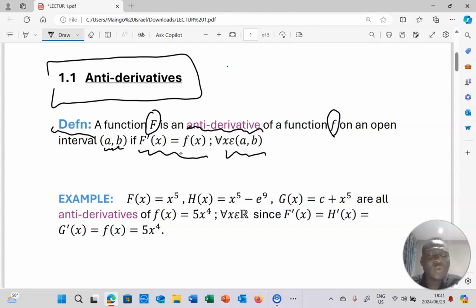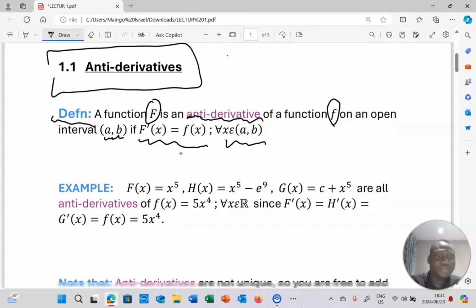It means that we say a function F is an antiderivative of a function f if we differentiate that antiderivative and we get the original function for all x inside an interval.